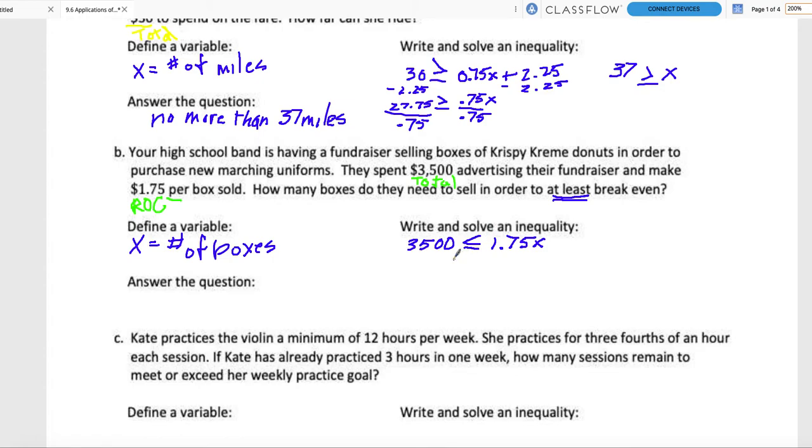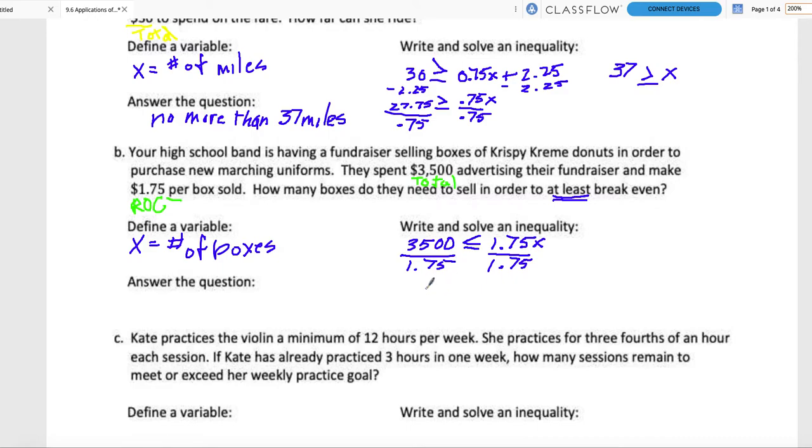Okay, you can write them the other way around, it doesn't matter, but this side I want to be equal to 3,500 or more than 3,500. So this side is greater than or equal to. I have one step here. I'm going to divide by $1.75. And that's going to tell me how many boxes I need to sell.